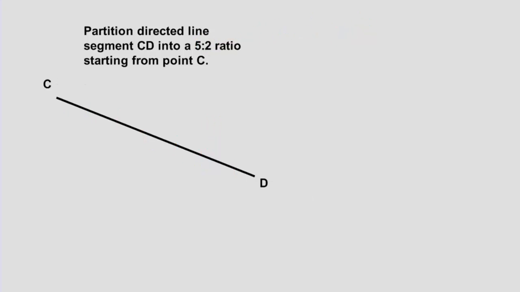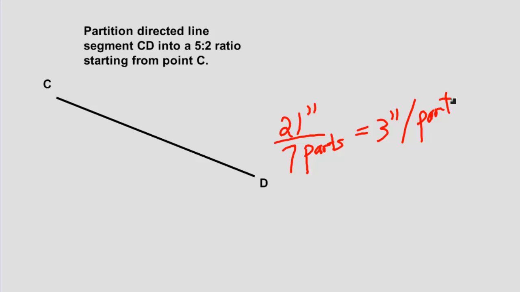So we've got 7 total parts, and it just so happens, measuring my segment gives me 21 inches, which is ever convenient because it divides nicely by 7. Now when you do your measurement divided by 7, you will probably get a decimal. That's okay, because decimals are numbers too. But for me, I get 3 inches per part.